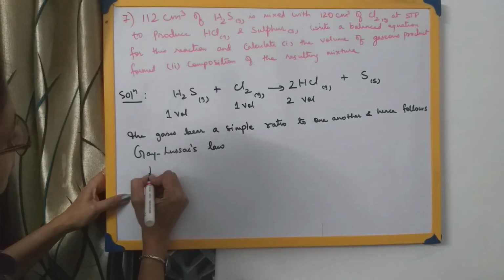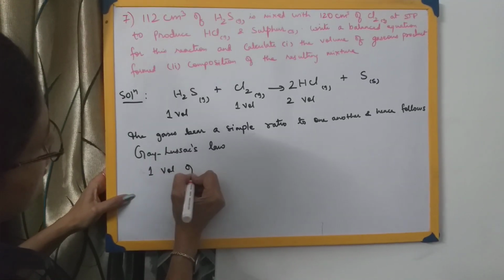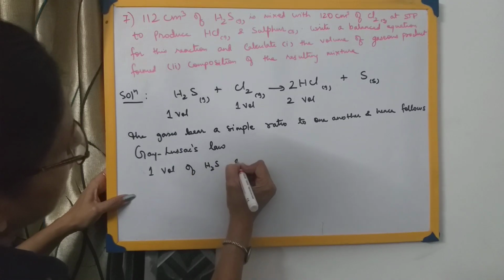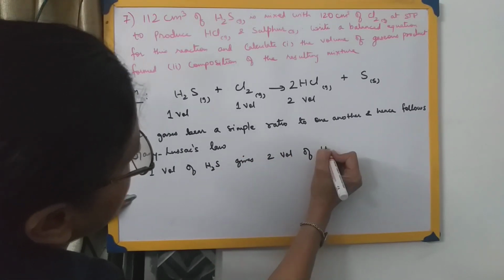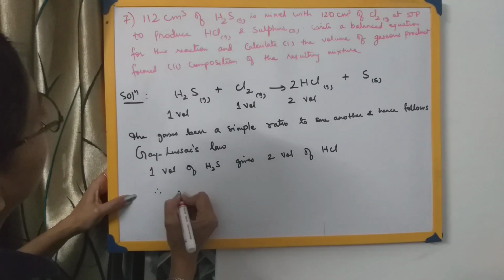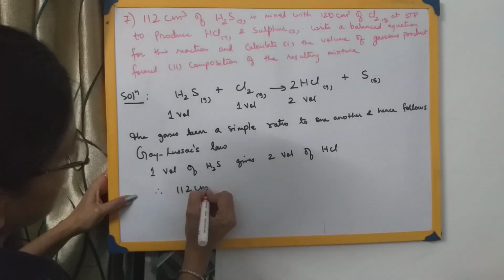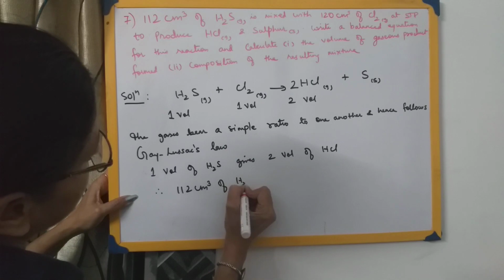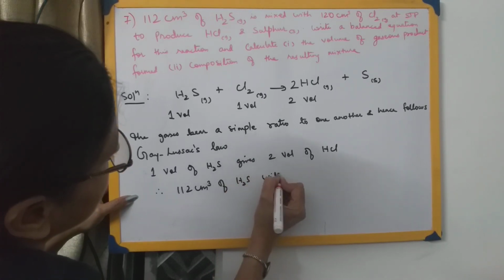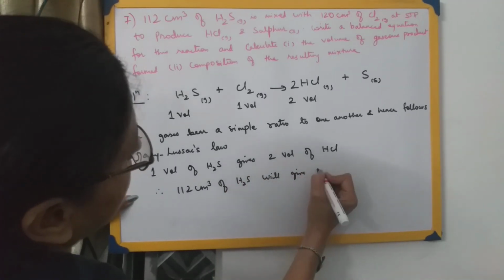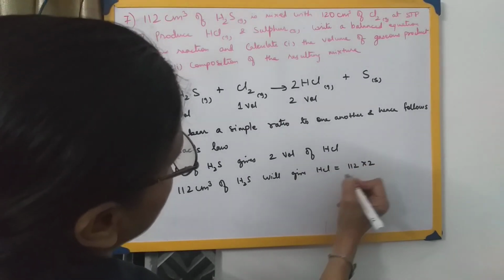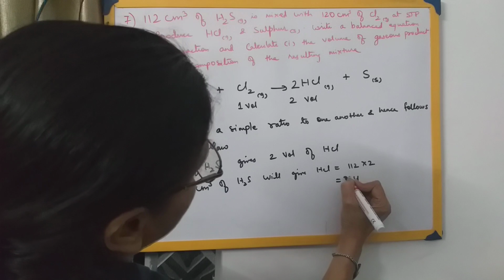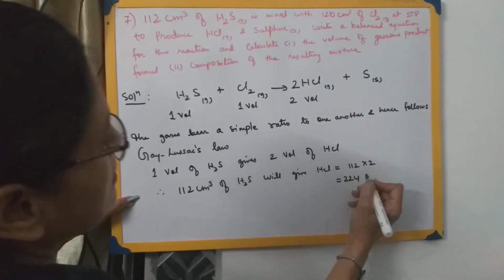So 1 volume of H2S gives 2 volume of HCl. Therefore 112 cubic centimeter of H2S will give HCl equals 112 into 2, so that will be 224 cubic centimeter.